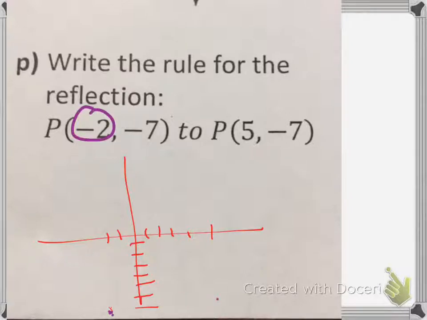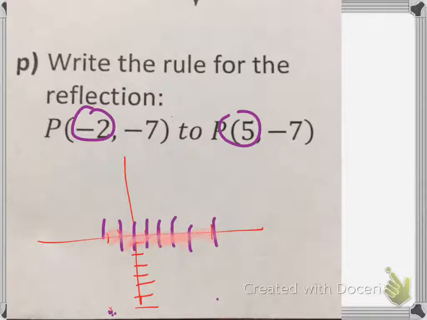Okay, so how far did that change me? Well, I started here, and halfway in between there would be my line of reflection. I kind of drew out where I started and where I ended. If I'm over here at -2, and then I end up over here at 5, how many movements is that? That's 1, 2, 3, 4, 5, 6, 7 movements.